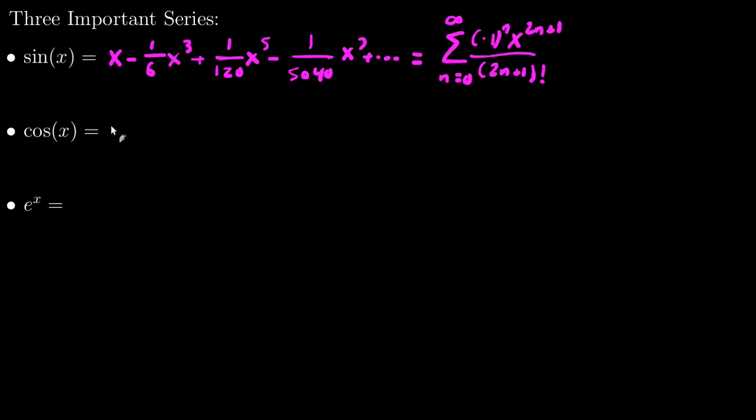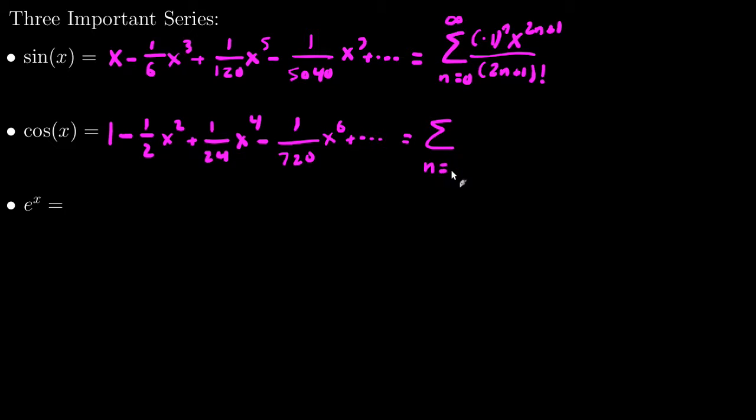Cosine, we have 1 minus 1/2 x squared plus 1 over 24 x to the 4th minus 1 over 720 x to the 6th. And it's very similar, so you see that this is the sum as n goes from 0 to infinity. I only have even powers of x, x to the 0, x to the 2nd, x to the 4th, x to the 6th.